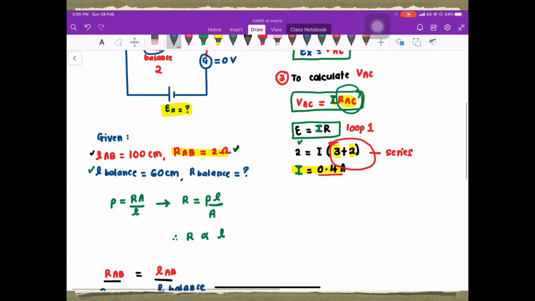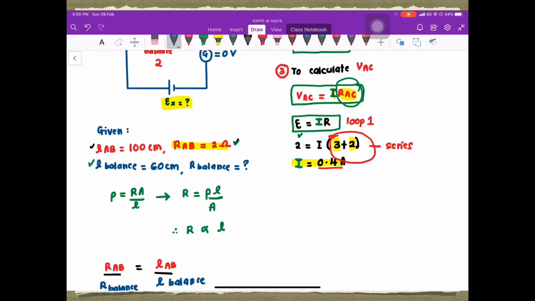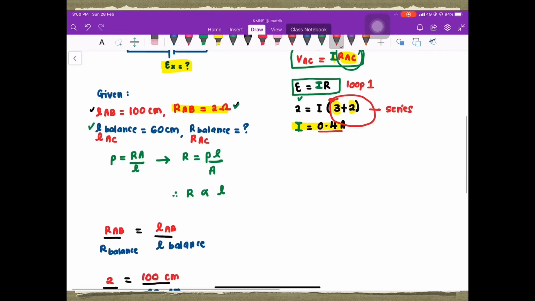So we can consider L balance as length AC, and R balance as RAC. The problem is we need to determine RAC.